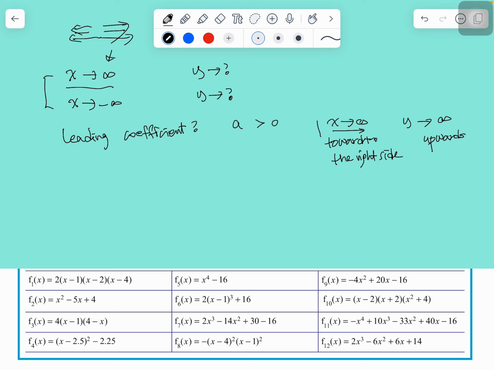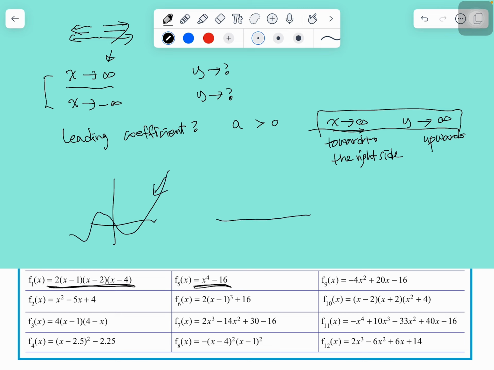So this means the upper right side. For example, we don't know how to sketch these graphs yet, but we know this graph might start from here, something like this.